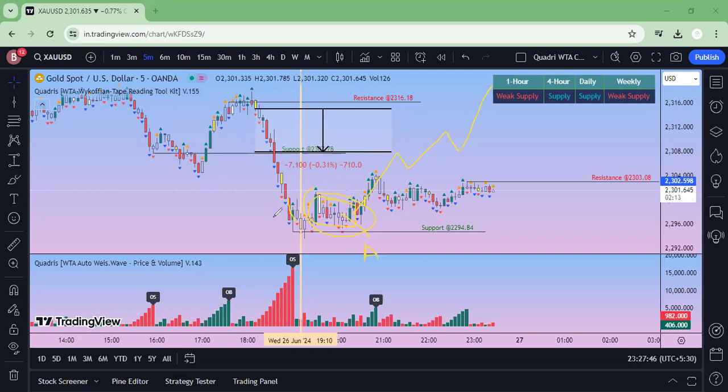Whatever this selling was, it was absorbed at this particular point. Till the time it is not absorbed properly, and once it's been absorbed, it will go upwards. Or if initially it is absorbing, and then the distribution starts again, then it would be called a redistribution and prices will sink in.